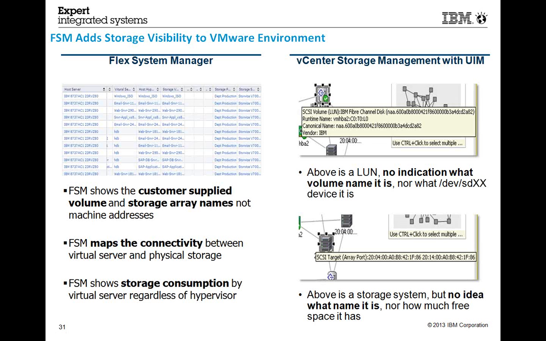So you're able to see which LUNs are allocated to which VMs, and you're able to map the connectivity between the virtual server and the physical storage. So then you're able to show the storage consumption by virtual server regardless of the hypervisor.